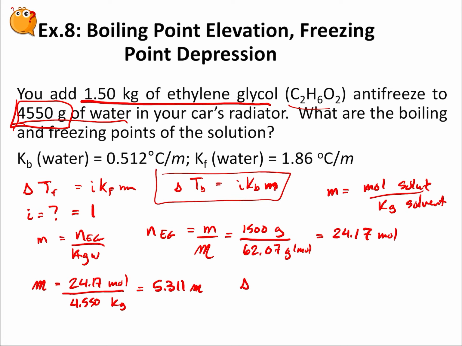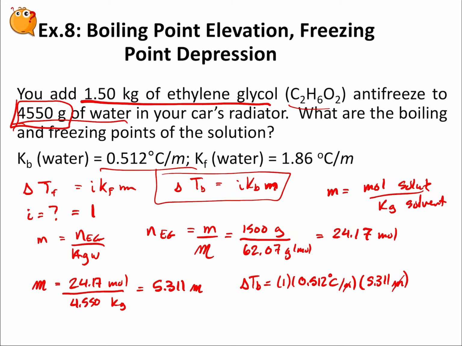We could say delta TB, change in boiling point, is i, which is 1, times KB, which is given, times the molality. Units of molality cancel.